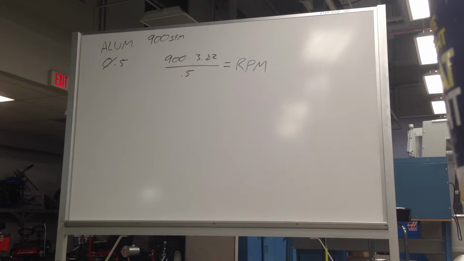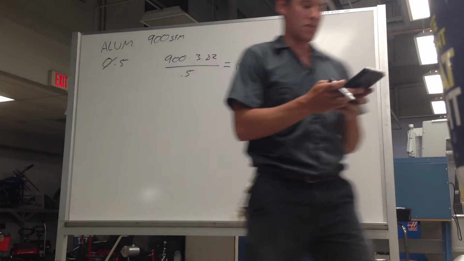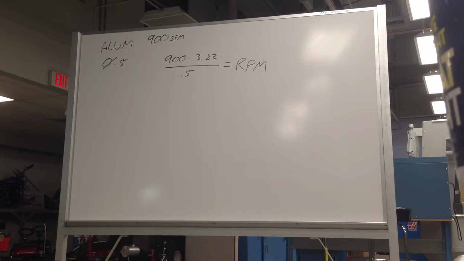What is that? 6876. That's all I got. 900 times 3.82 divided by 0.5.